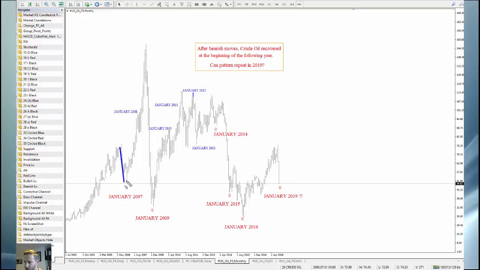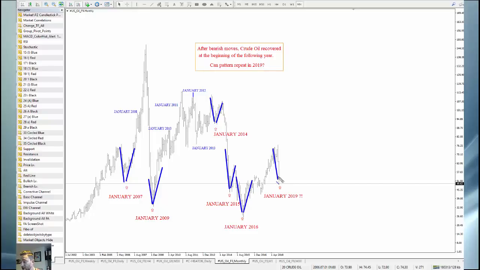Market was down 2006 and then recovered 2007, 2008 bearish, 2009 bullish. We have seen also bearish 2013, 2014 was a rally. We have seen a decline at the end of 2014, then a bounce at the start of 2015. So again, decline at the end of 2015, 2016 was a recovery.